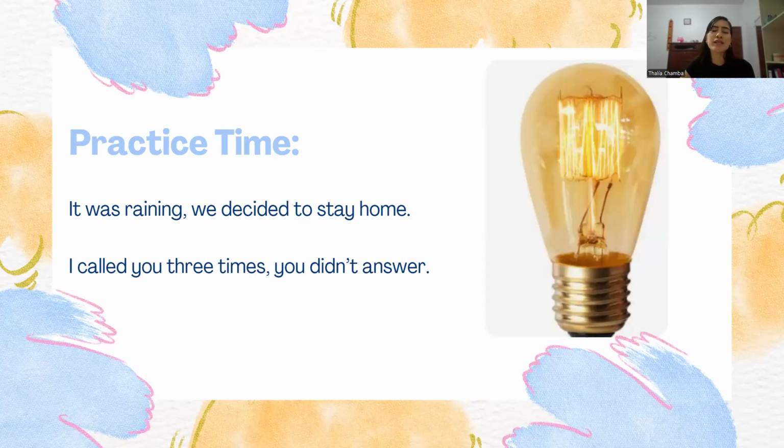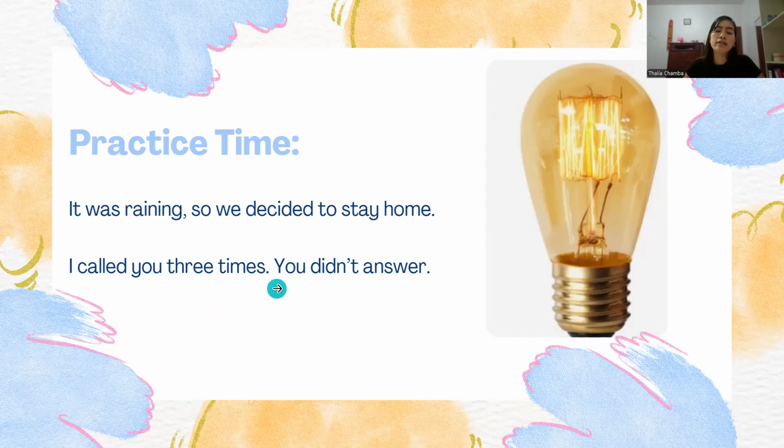Okay, let's continue with the explanation. Now, here I have these sentences. They are the same, but we have slight changes. Let's see. It was raining. As you can see, here we have the use of a conjunction. So, it was raining, so we decided to stay home.